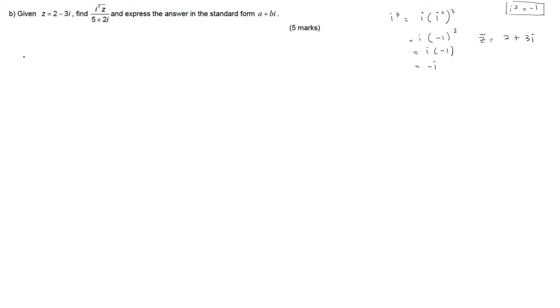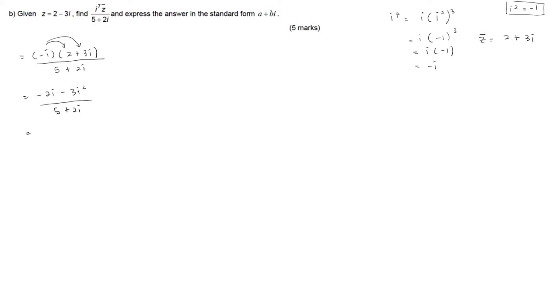So now we can substitute. i power 7 is negative i. Z conjugate is 2 plus 3i, over 5 plus 2i. Expand. Negative 2i minus 3i squared over 5 plus 2i.